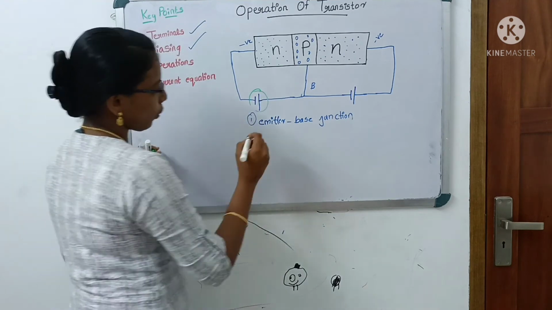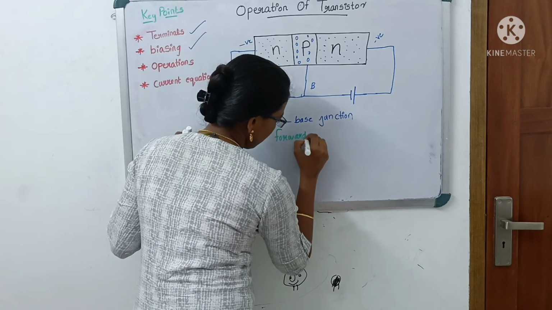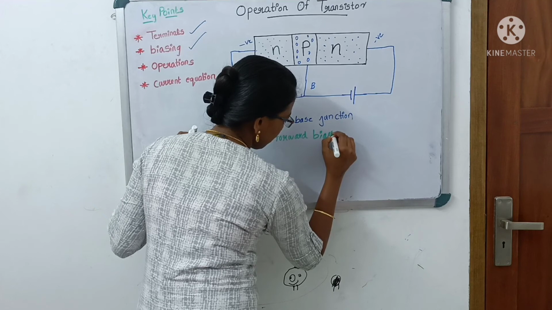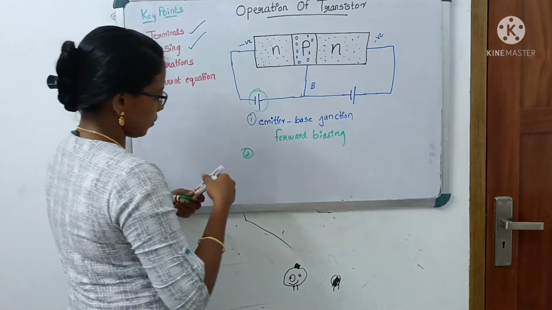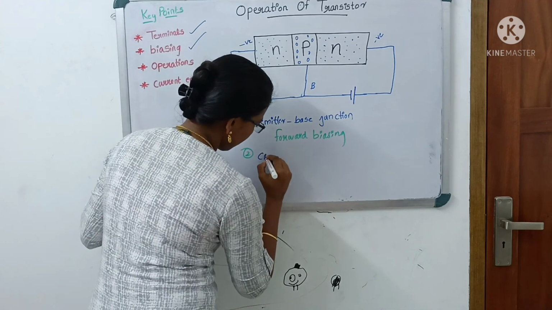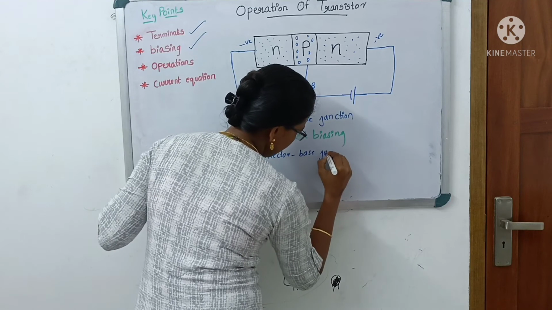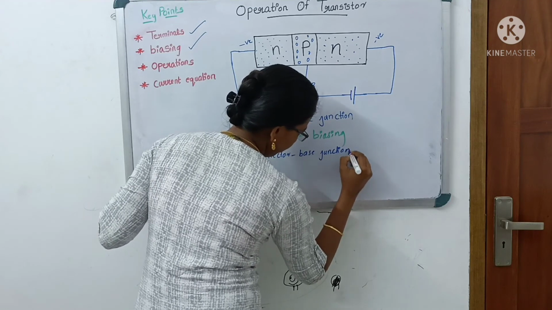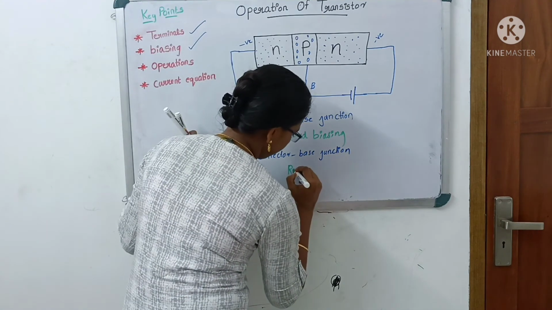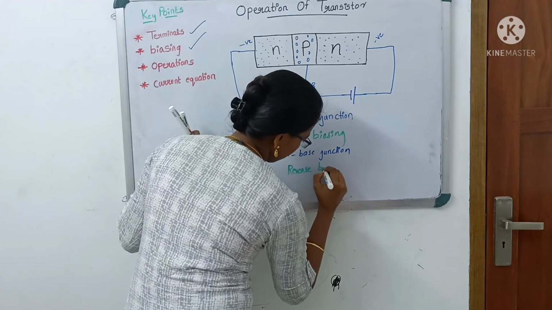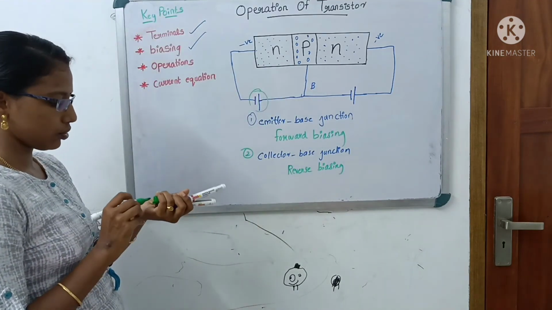We are providing forward biasing. And in the collector base junction, we provide reverse biasing.